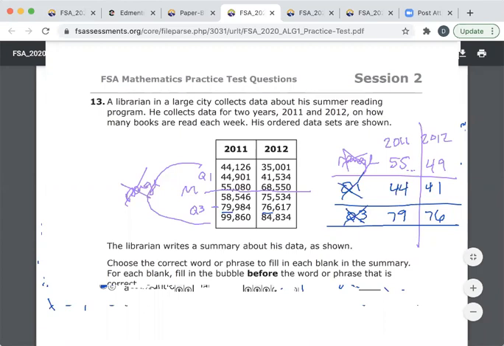So by default, the interquartile range, which means we're going to do quartile 3 minus quartile 1. So if I were to do 79 minus 44, and I'm just estimating here, for the first one, I would get 35,000 something.